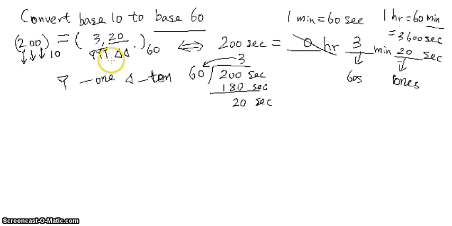Leave a little bit of space right here, so you will know these 3 ones represent 60s, and these 2 tens represent how many ones. So this is like 3 sixties and 20 ones, and that's the answer. In this class, you will not use the numbers.